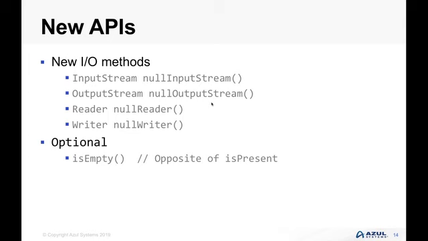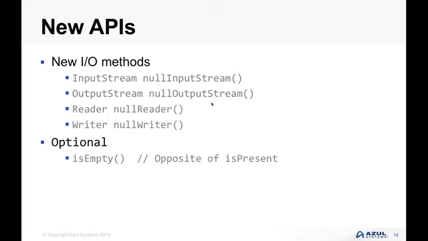And I must admit, when I first looked at those, I thought, I've been using Java for the better part of 25 years and I've never actually needed these methods. But it turns out that if you're doing things with streams specifically and some of the more functional style of programming, there are situations where having a null input stream or a null output stream can be very useful. And so they provided them for that particular usage.